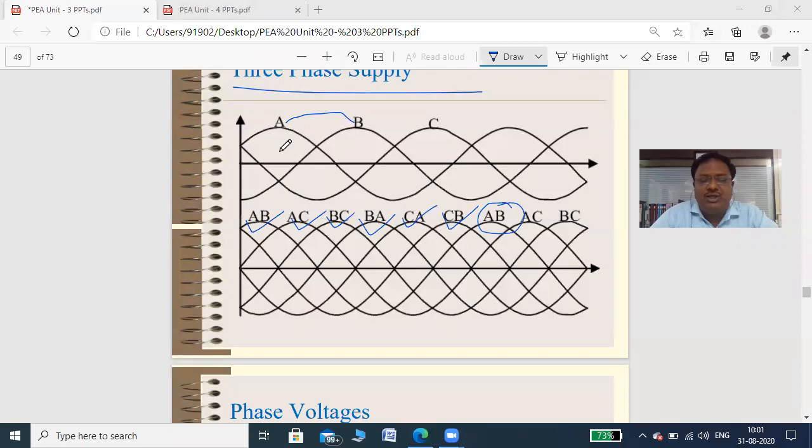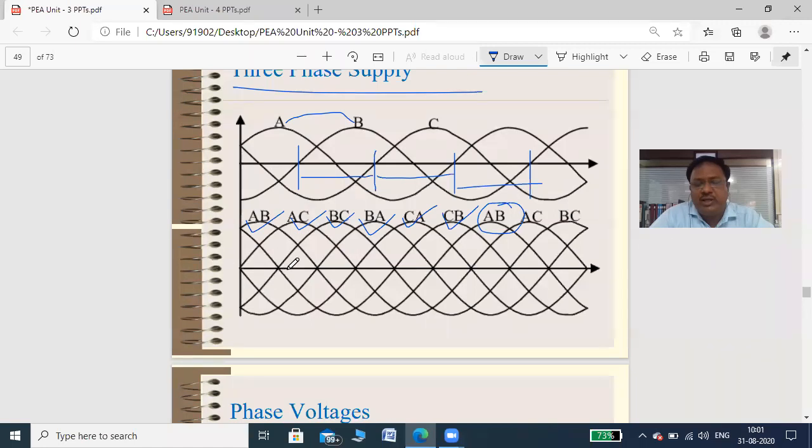And the three phase voltages: the phase difference between phase A and phase B is 120, then phase B and phase C is again 120, and the same thing. So the phase difference between two phases is 120.